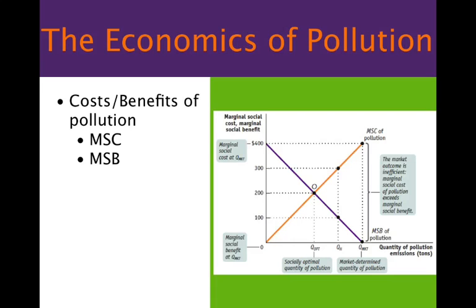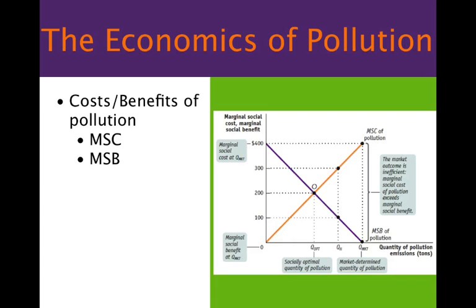Economists, however, see pollution issues as a topic for analysis, right? A cost-benefit analysis, a marginal social cost and marginal social benefit analysis. And the economists will argue there's an efficient quantity of pollution where the needs of both the environmentalists and the utility companies are considered. Pollution, like so many other things, has costs and benefits associated with it.